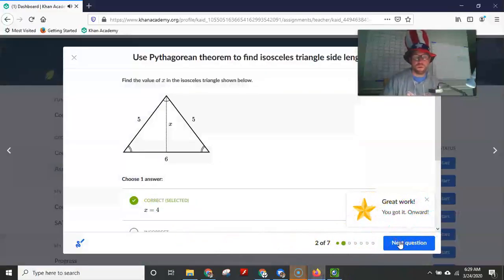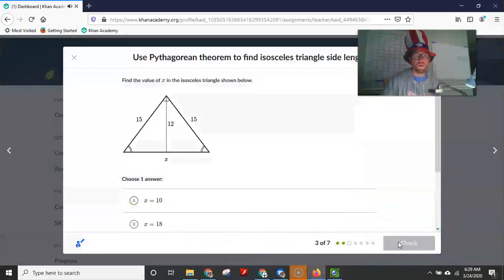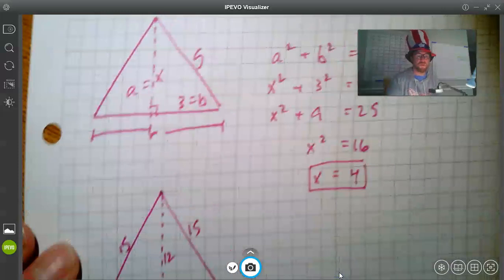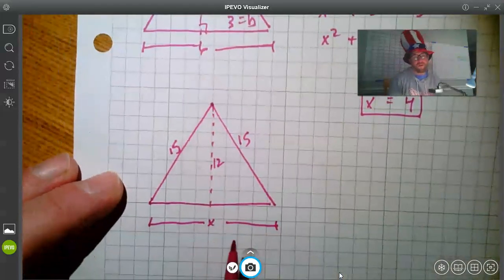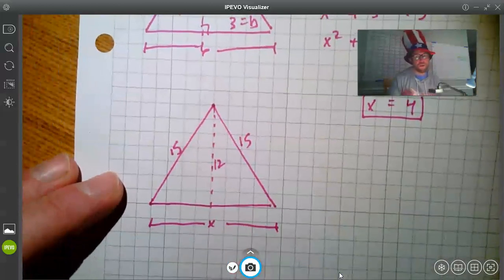I'm looking for one of the ones where, here we go. So here is one where I feel like if you watch the Khan Academy video, he just makes it unnecessarily complicated. So we've got 12, 15, 15, and x. Okay. So here, I'm trying to solve for x, and he's going to do this crazy thing where it's like 1/2 x, blah, blah. It's nonsense.